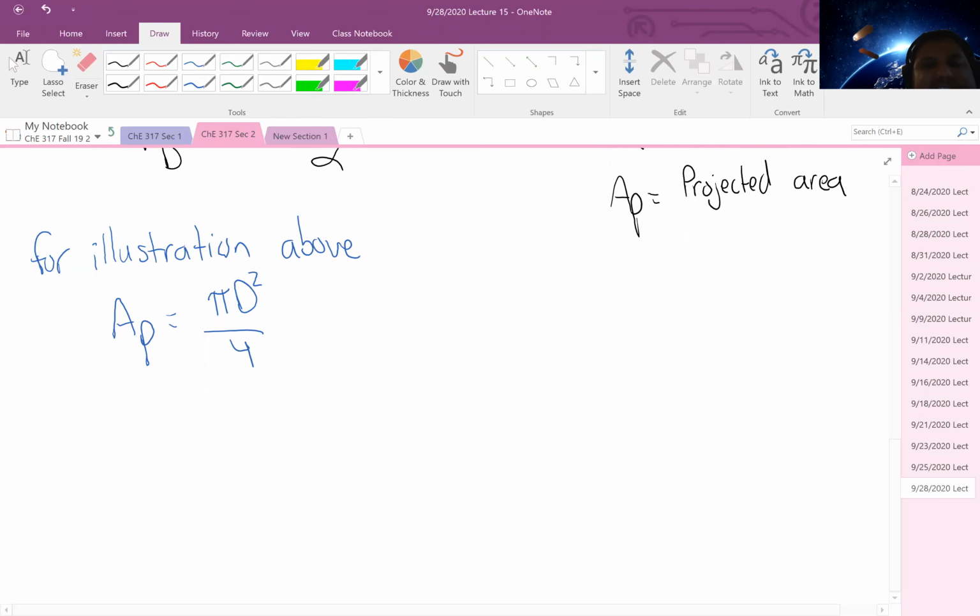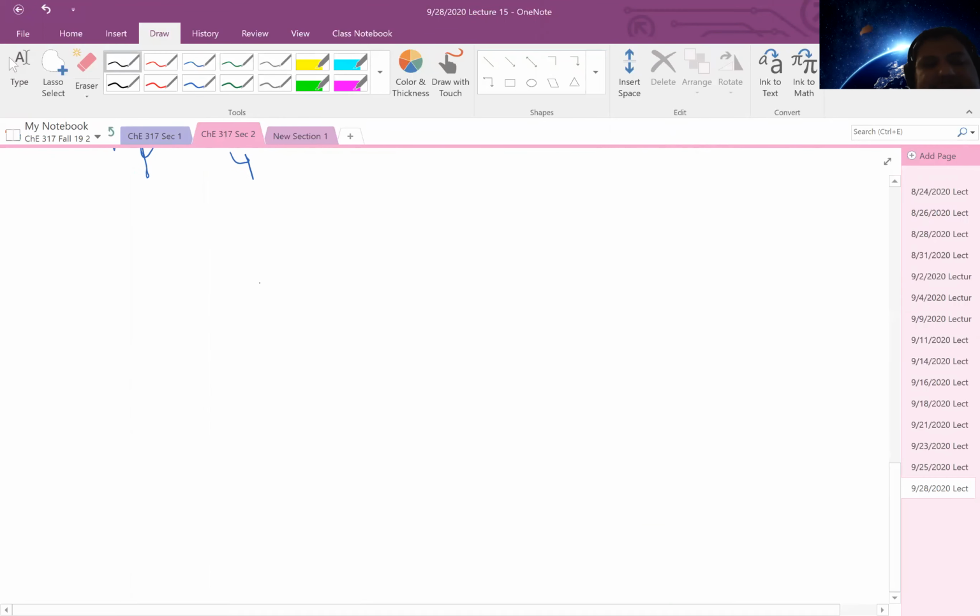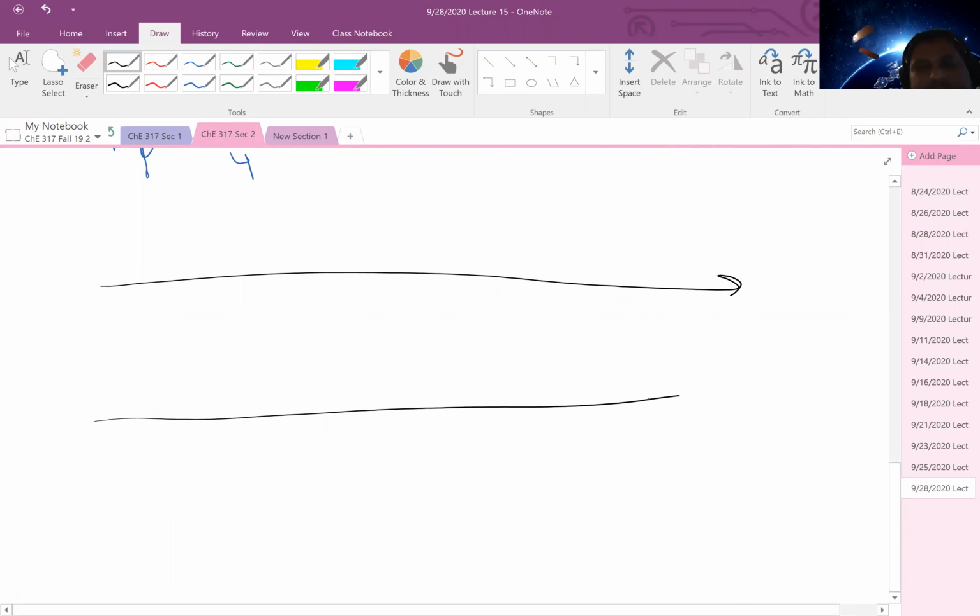If I were to look at another illustration, let's say I have an object that looks like this, where my flow field would now look a little more like this.